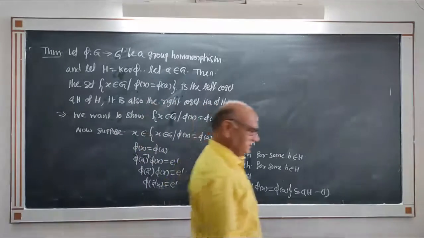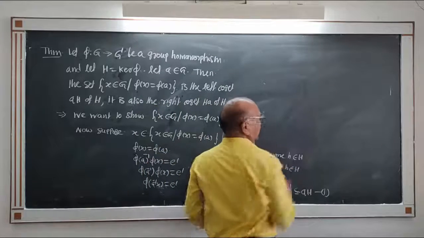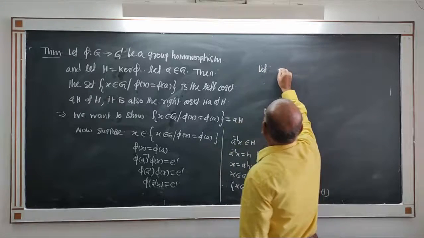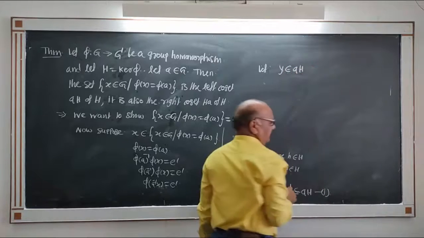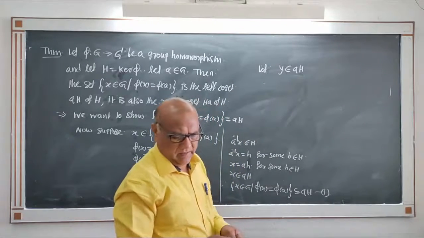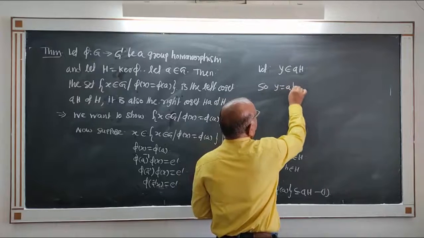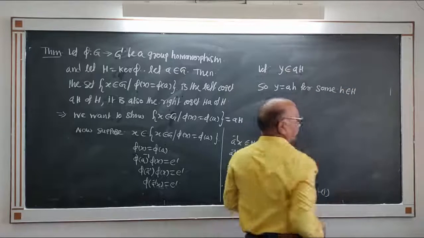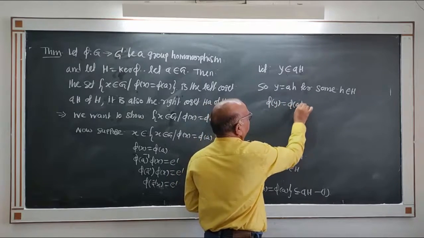Now another way. Let Y belong to AH. So Y is equal to Ah for some h belonging to H. Now take phi of Y is equal to phi of Ah.